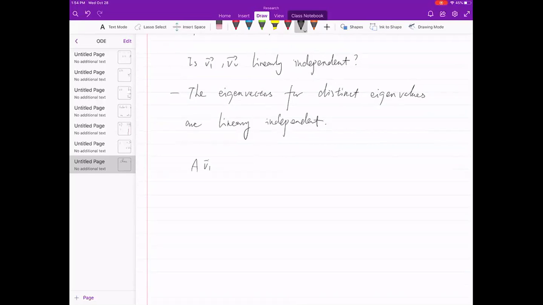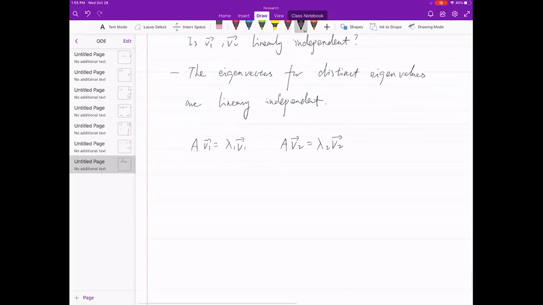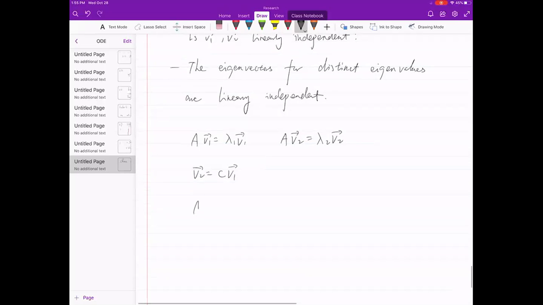Let's say we have V1, which is the eigenvector of lambda 1, and V2 is the eigenvector of lambda 2. Then, what if they are not linearly independent? That must mean V2 equals a constant times V1. Still okay? Then what's AV2? AV2 is going to be A times cV1, because V2 is a multiple of V1.